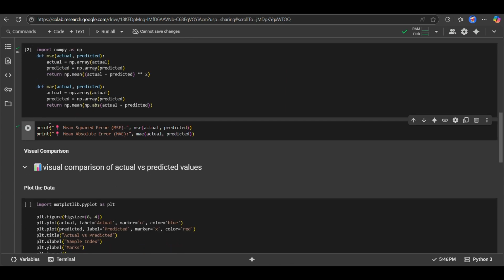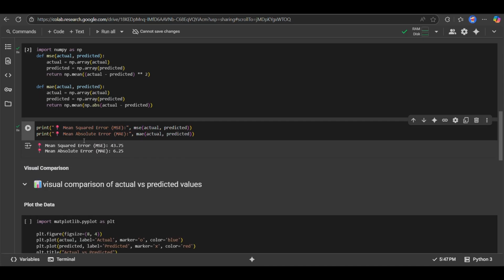Okay, now let's run this function and this print statement, so we'll get a numerical value. So let's run this. Yeah. Here the mean squared error is 43.75 and the mean absolute error is 6.25. So the lower the MSE and MAE, the better the predictions are.